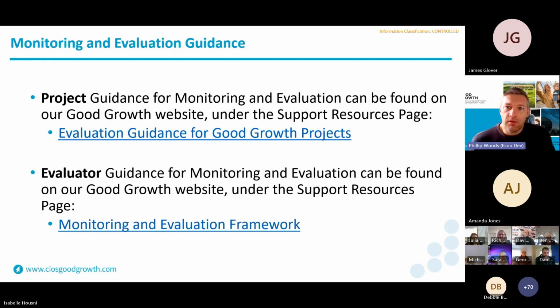It talks about going into evaluations, and it splits out 5 areas that evaluators will need to consider when putting forward a final report. So the case for intervention at the very beginning, and this is all around the context of the project.